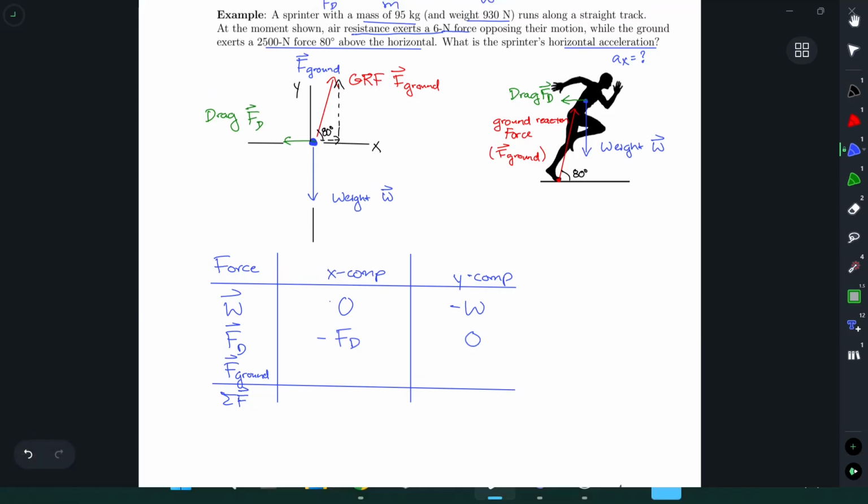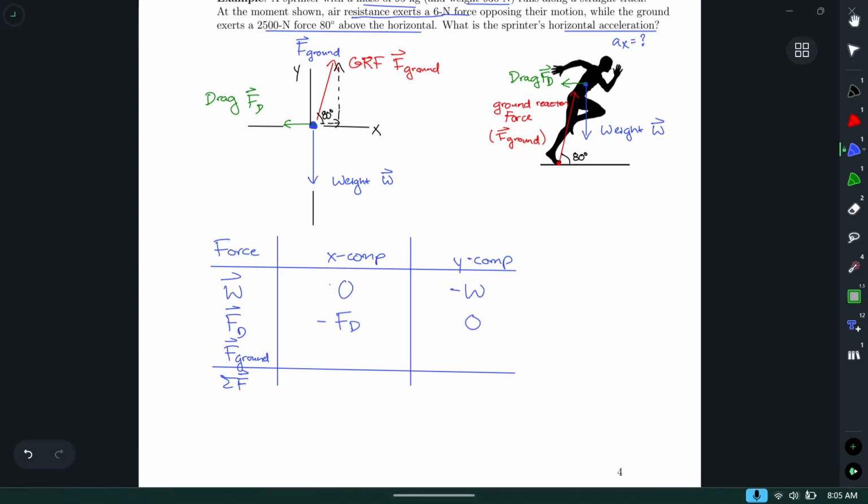And then the hardest one is the ground reaction force, F ground. Someone tell me about the signs of those components. Wouldn't they both be positive? Yep. So it points to the right and it points upward. And then it's just a question of whether after the magnitude we have a sine or a cosine. So we know it's magnitude times something.